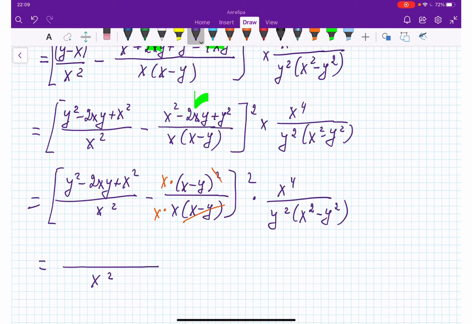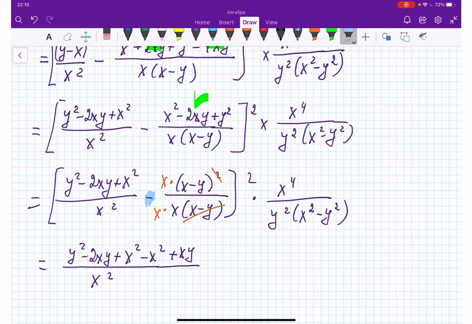Yes, and it's going to be y squared minus 2xy plus x squared. In opening parentheses, x times x is x squared. Now let me remind you one thing: a negative sign in front of a fraction you treat as a negative sign in front of parentheses. Therefore, it's going to flip my signs.